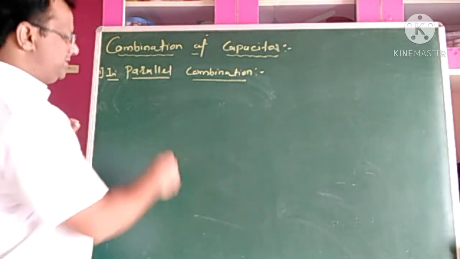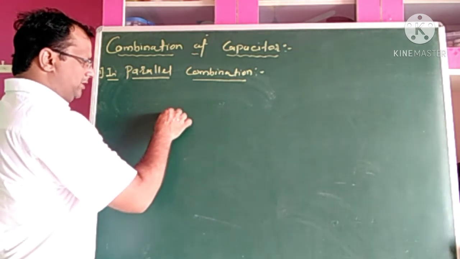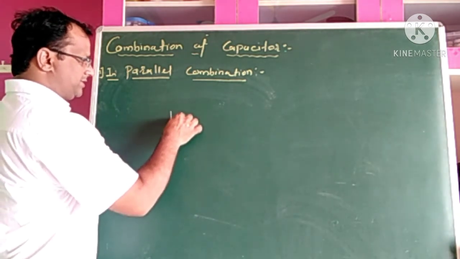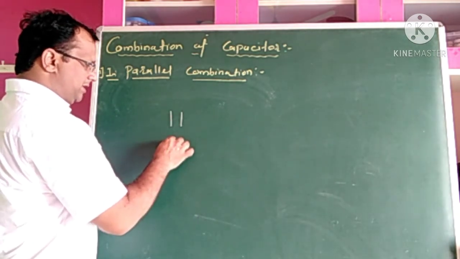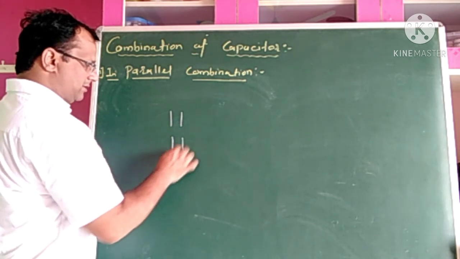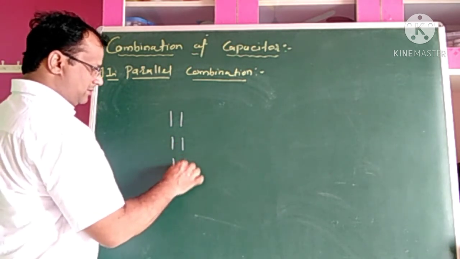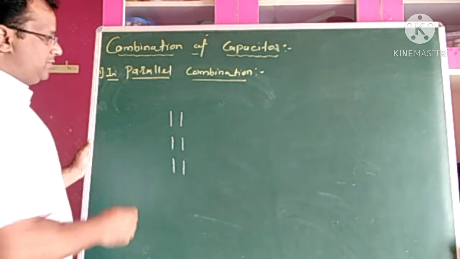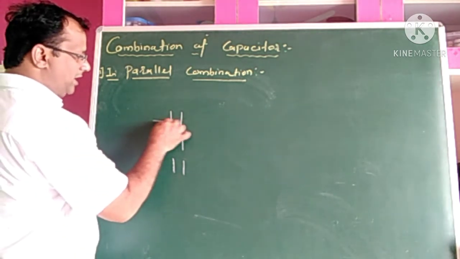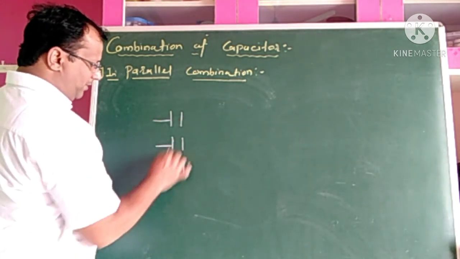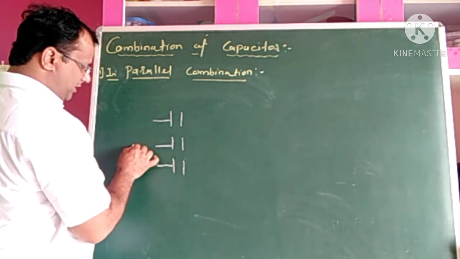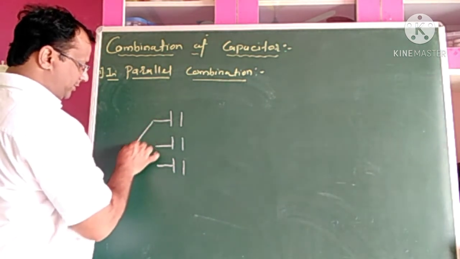Parallel combination means here we want to take the three capacitors, right? These capacitors are parallel to each other. Parallel to each other means here the first plate of each capacitor is connected to the common point.